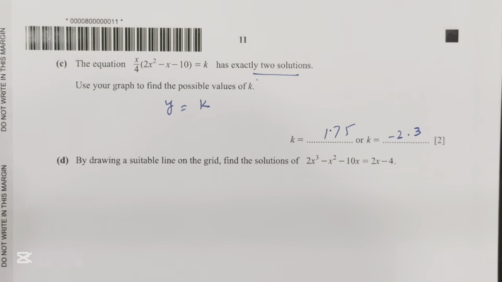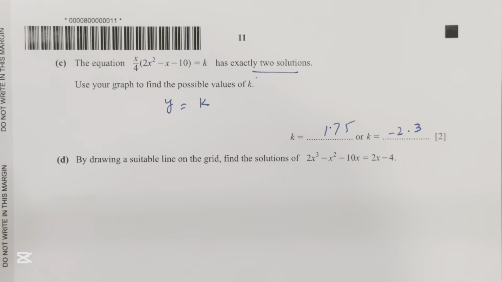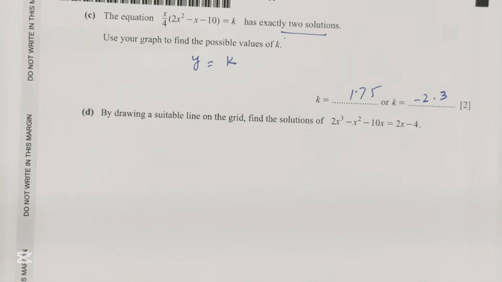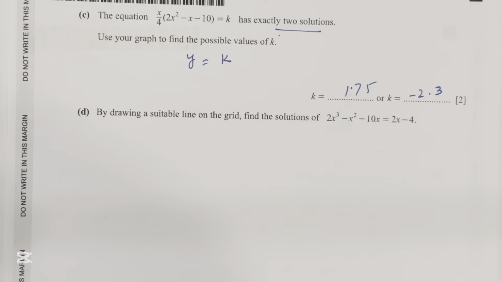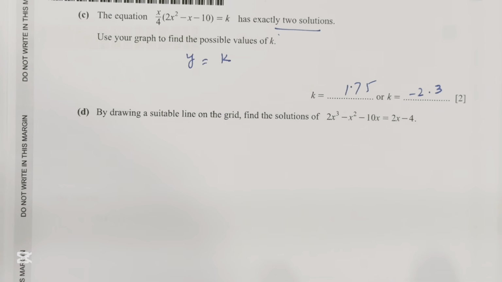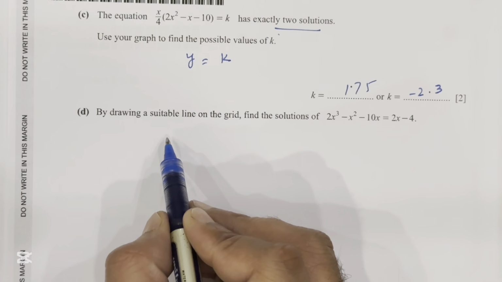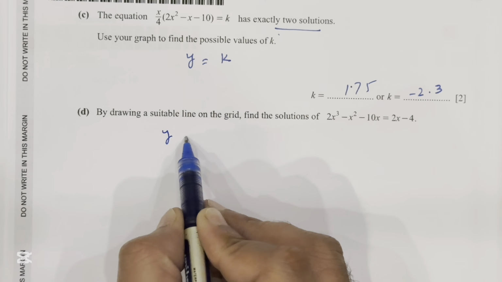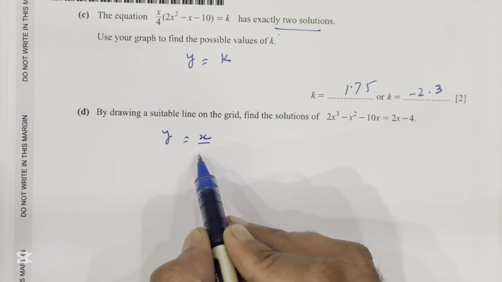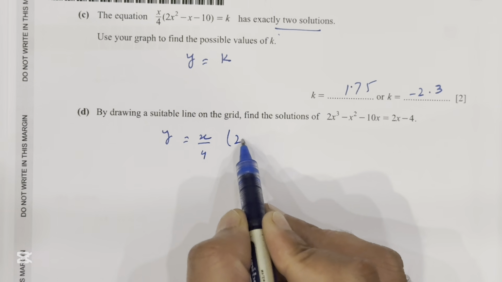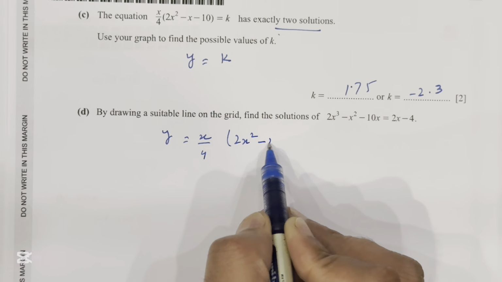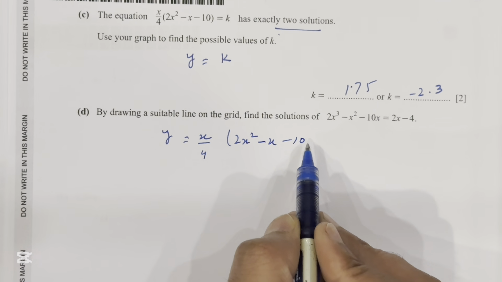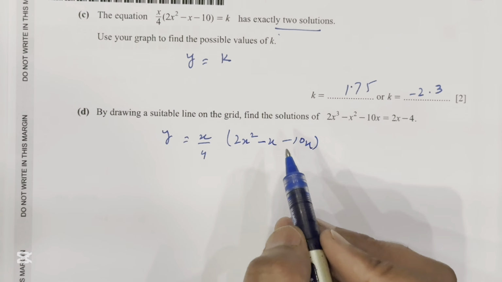Next part is, by drawing a suitable line on the grid, find the solution of 2x cubed minus x squared minus 10x is equal to 2x minus 4. First we need to simplify this equation. The start of the question was given that y is equal to x over 4, that is equal to 2x squared minus x minus 10.